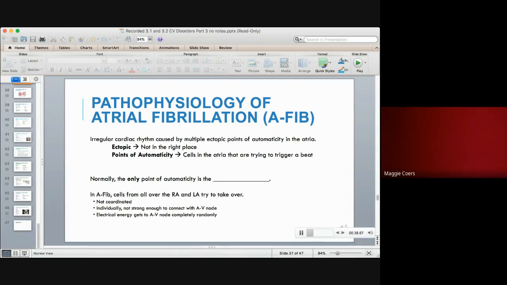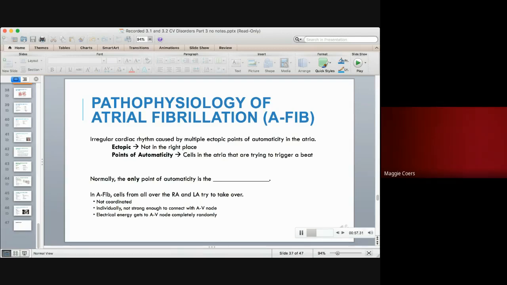So both the right and the left, but mainly the right, is usually the point of automaticity. It's basically little areas of cells that are trying to trigger their own heartbeat, or they're trying to take the place of the SA node.